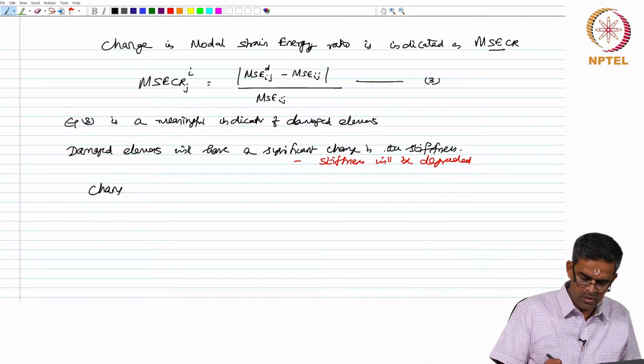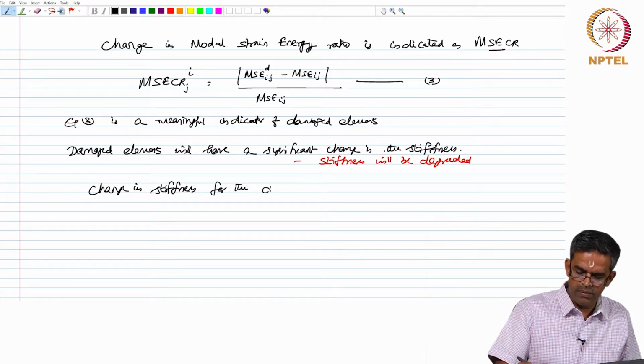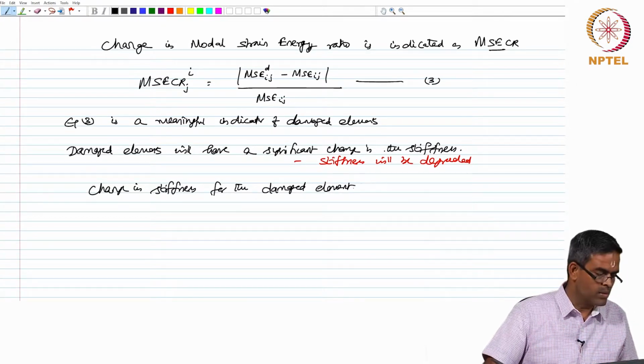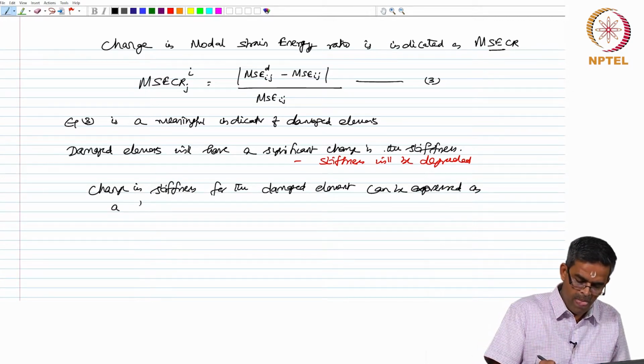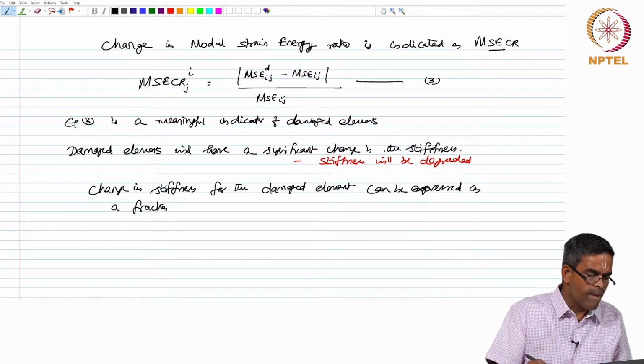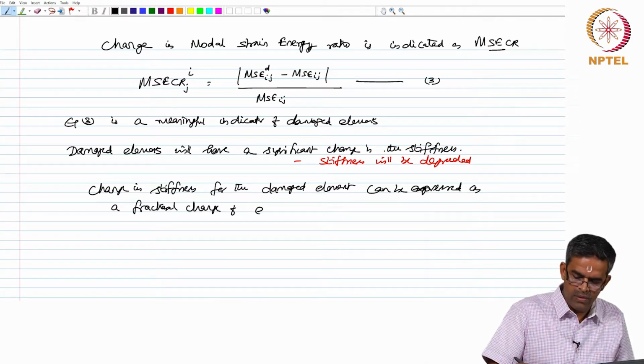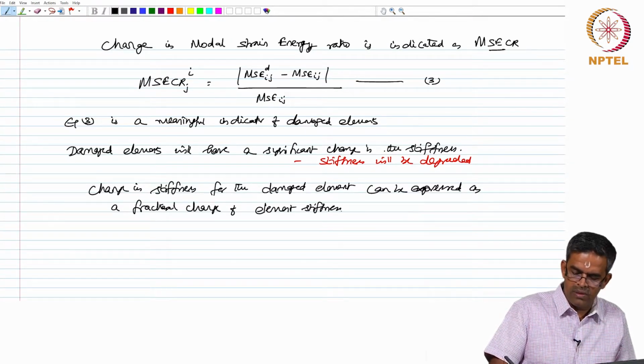Therefore, change in stiffness for the damaged element can be expressed as a fraction of, or a fractional change of, elemental stiffness matrix.